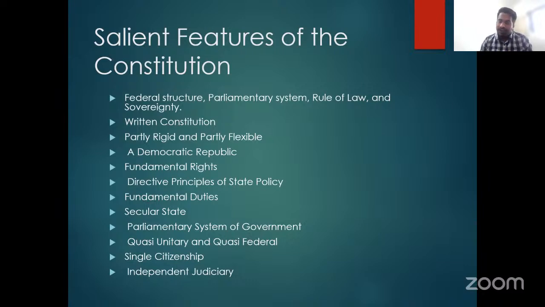and to defend the country and render national service when called upon, to promote harmony and the spirit of common brotherhood amongst all the people of India, transcending religious, linguistic, regional, or sectional diversities, to renounce practices derogatory to the dignity of women, to protect, preserve and value the rich heritage of the composite culture of India, to protect and improve the natural environment.